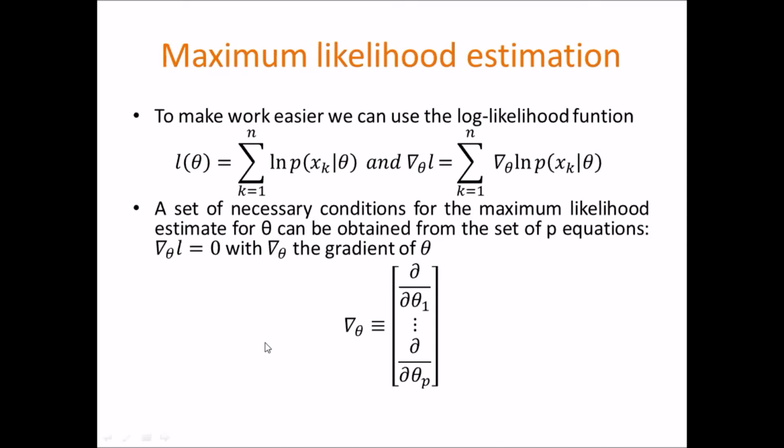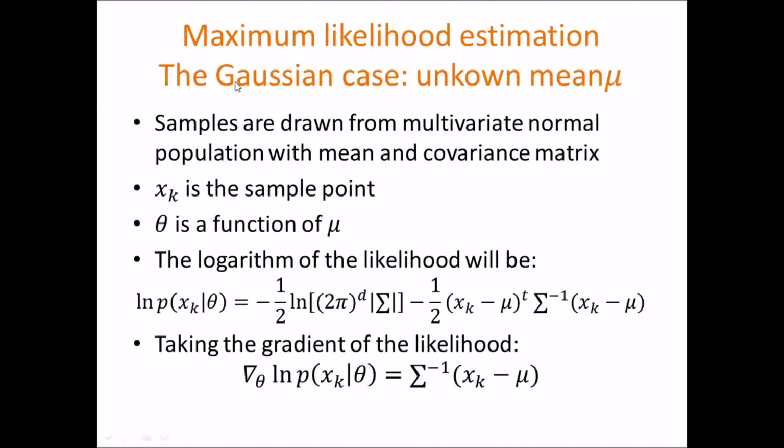Now, for maximum likelihood estimation, we're going to speak about two different cases. The first case is where the mean is not known, and the other one is where the mean and the covariance are both not known. Samples are drawn from a multivariate normal population with a mean and a covariance matrix that we know.